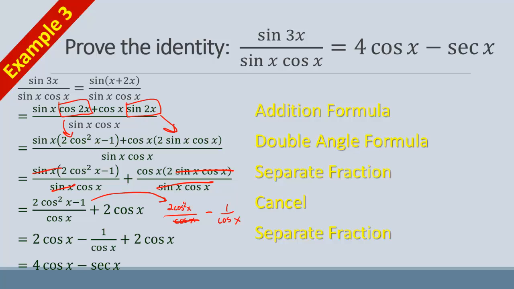So this cosine canceled out with one of these up here, leaving me with 2 cosine of x. Subtracted the 1 over cosine of x, plus 2 cosine of x. This became secant. Combined my like terms. And good to go. So I basically used the reciprocal identity to go from here to here.